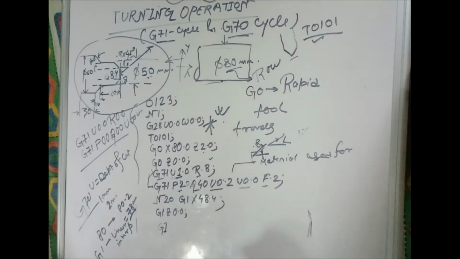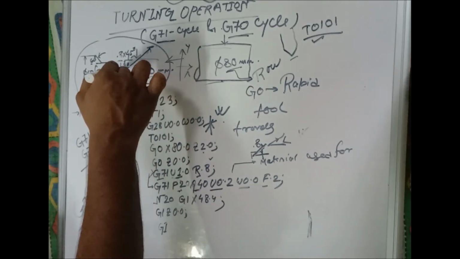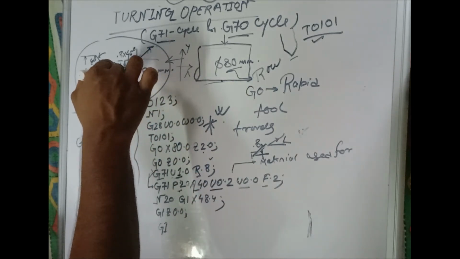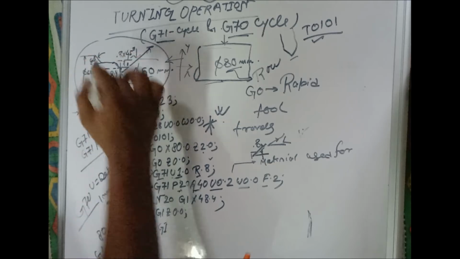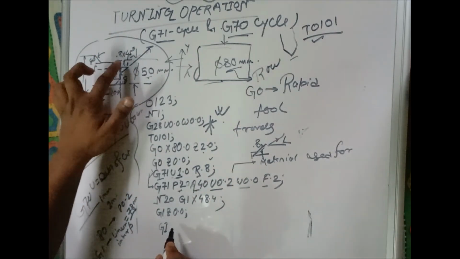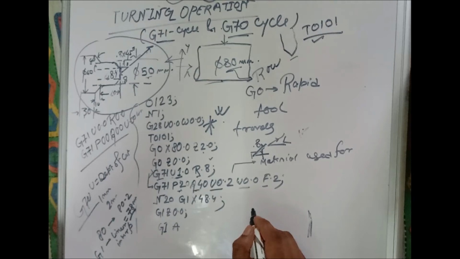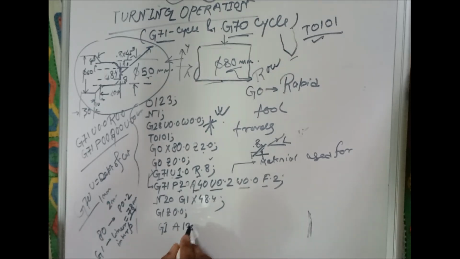G1 here, and the starting point is this. Actually this is the starting point to create the chamfer of this profile. So we will write here, what is the angle of this? 45 degree. So the value of the angle will be 90 plus 45, that is 135 degree, and it will cut taperedly.